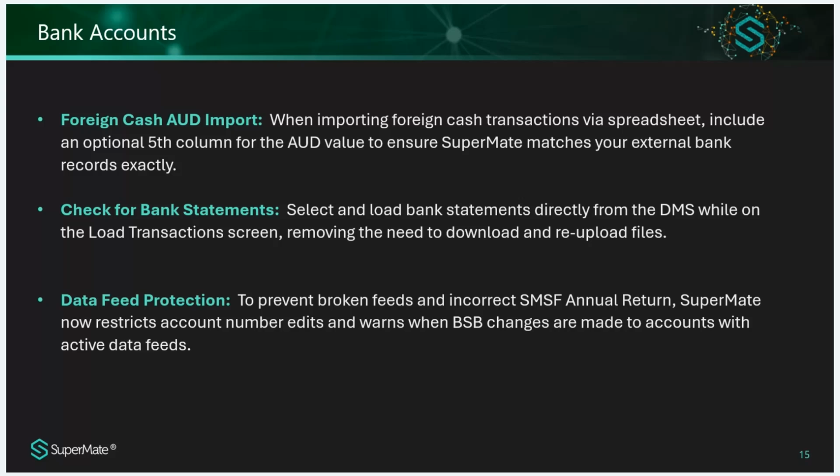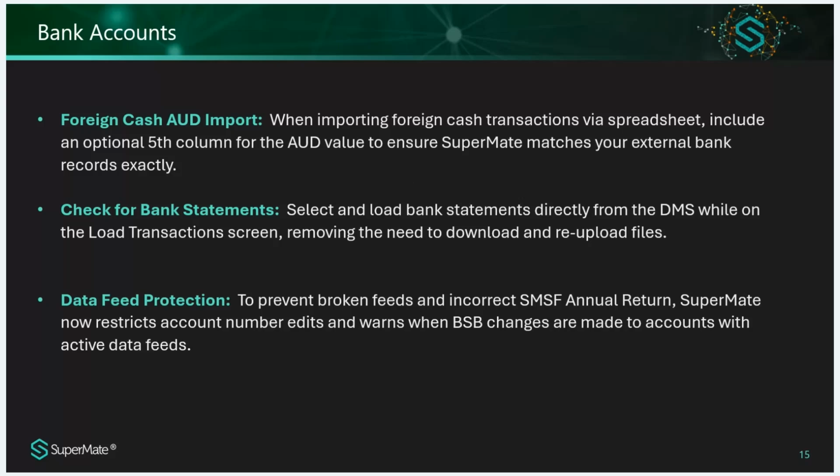But now, if you get a spreadsheet from an external source that has an AUD figure, you can upload the AUD figure, to make sure that the transactions in SuperMate do match the external source.